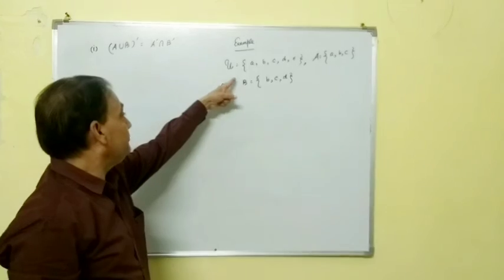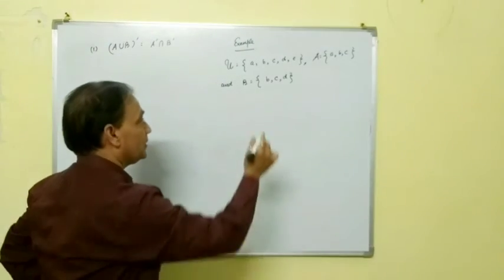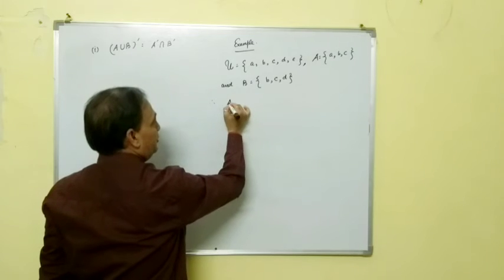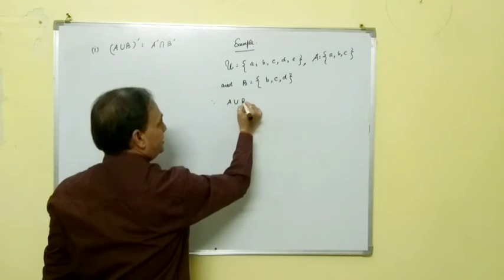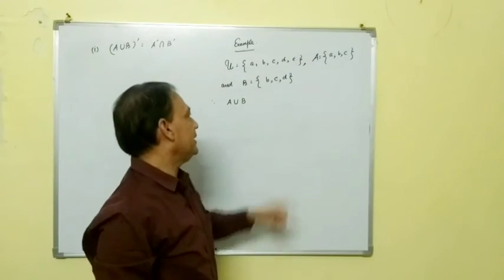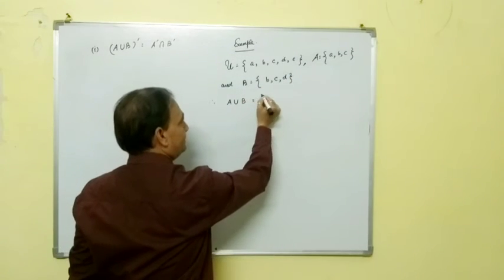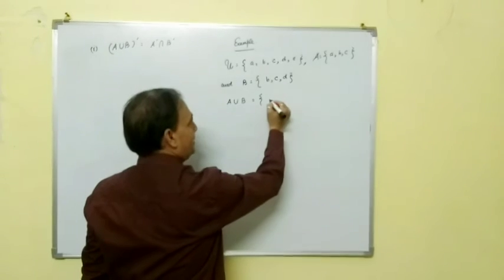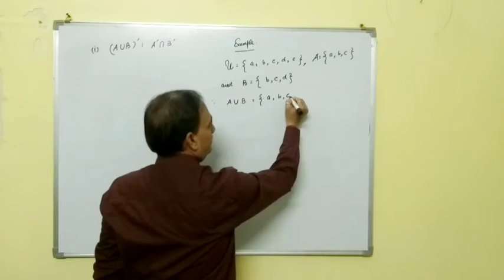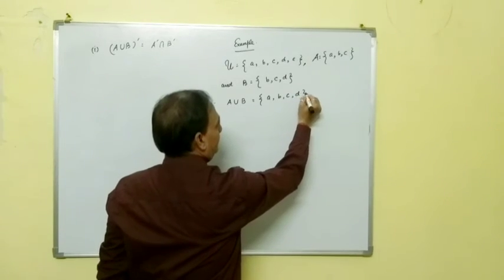So we have A union B; we write A union B from these sets.